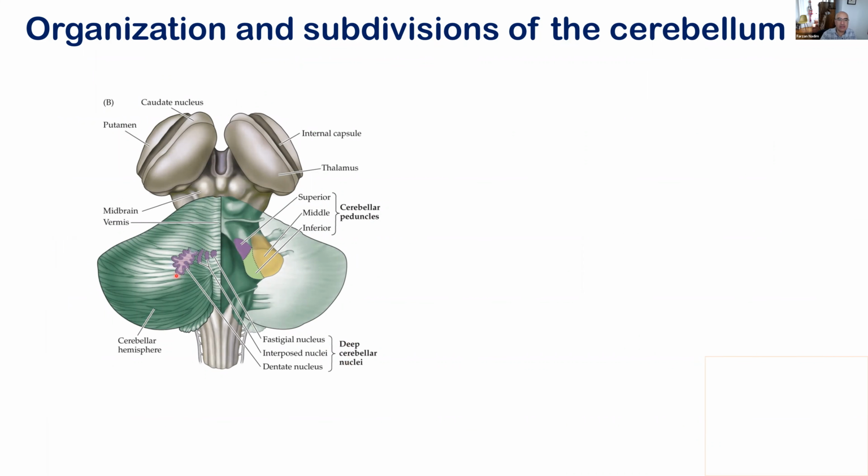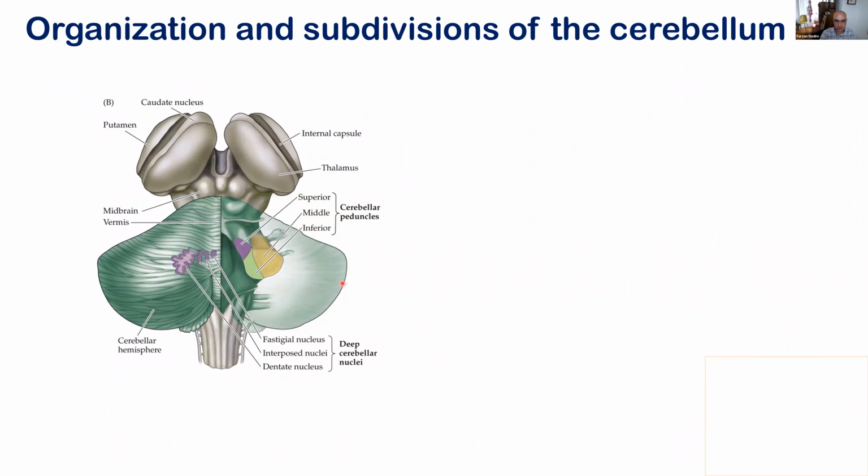These nuclei are the main outputs of the cerebellum. All of the outputs of the cerebellum go through these nuclei. The rest of the cerebellum gets inputs and sends its outputs to the cerebellar nuclei, and those communicate out. There's one small exception, and I'll come back and tell you about that.